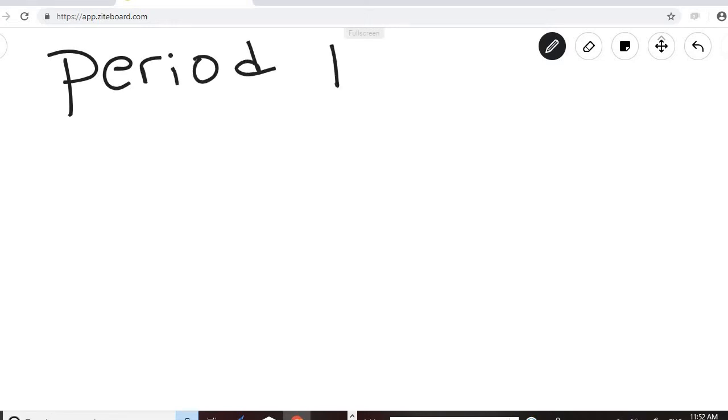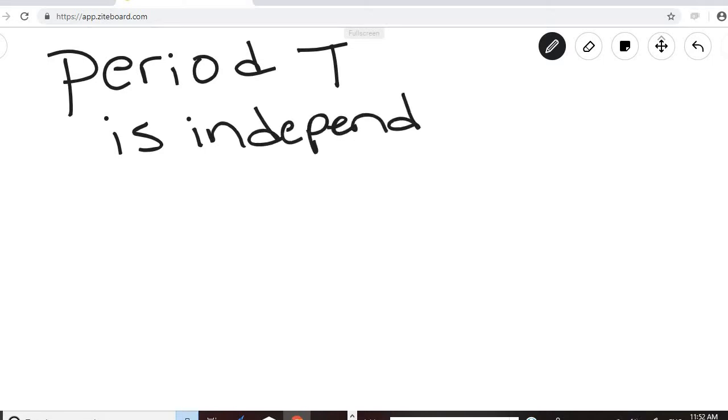And we've designated that with the letter T. So what this tells us is that the period is independent of how far you pulled it down.